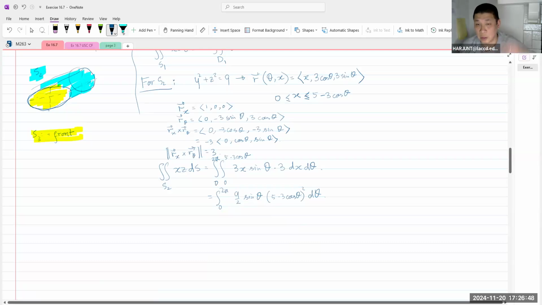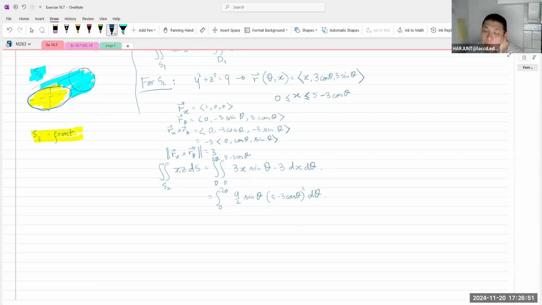And then let's do u substitution. u equals 5 minus 3 cosine theta, such that du is 3 sine theta d theta. If I change the limits of integration, u at 0 will be 2, and u at 2 pi is also 2.